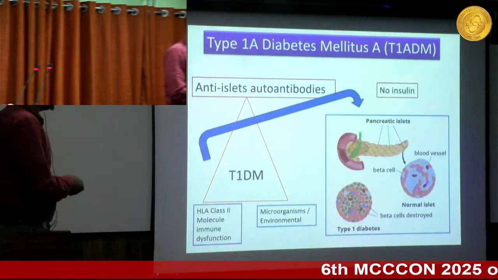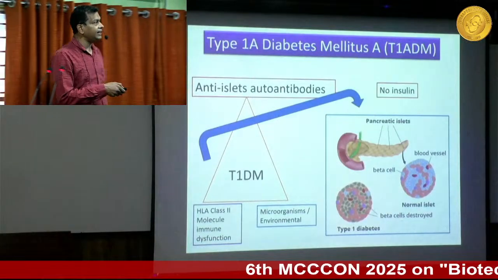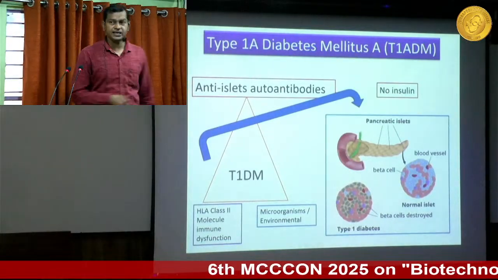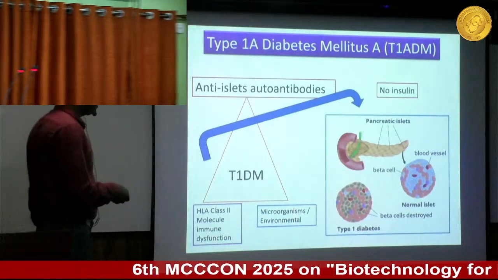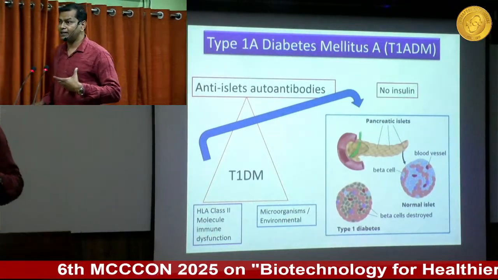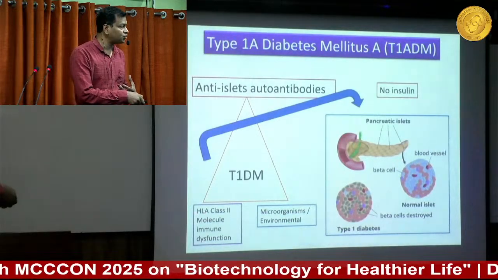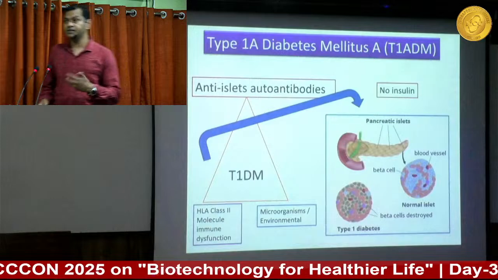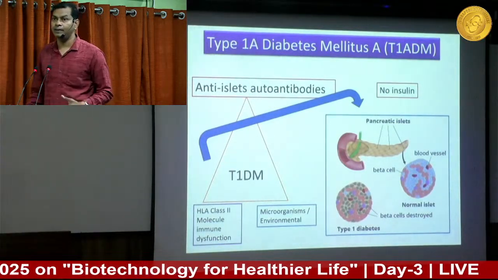Actually there is a triangle of causes when anti-islet autoantibodies are produced. Then when a microorganism comes, if it is genetic, we all know that HLA, human leukocyte antigen class 2 molecule immune dysfunction, HLA gene dysfunction, is carried in an inherited manner.